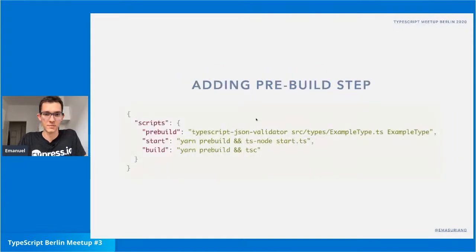In a very simple way, the pre-build step is one script that you add into your package.json, or wherever you want, that needs to be executed before your application starts. So we are just calling TypeScript JSON validator with the same script that we saw before. So if we make sure that this script is always executed before our application starts, we can 100% say that this validator will always be there.